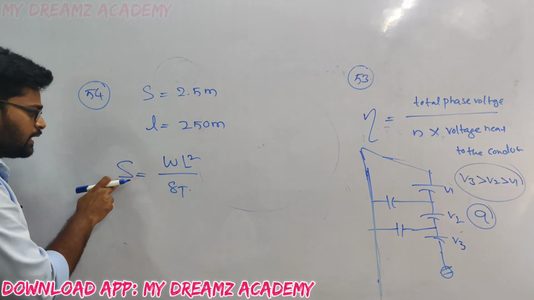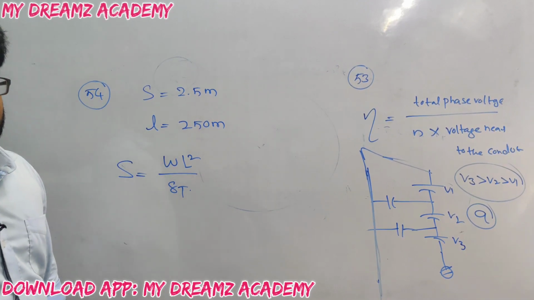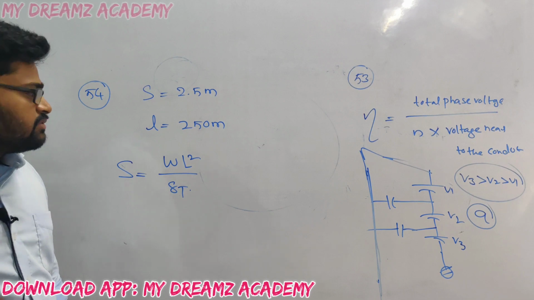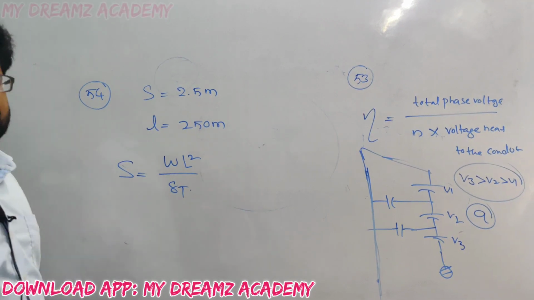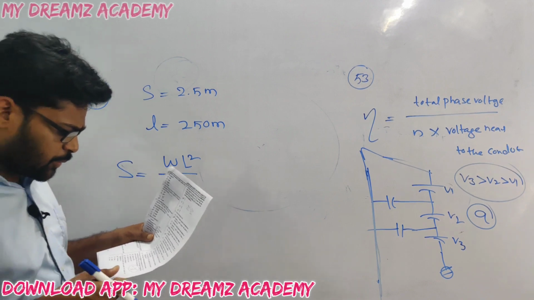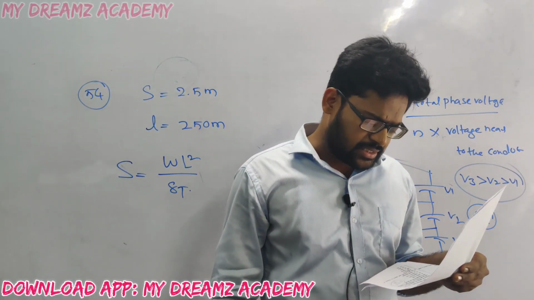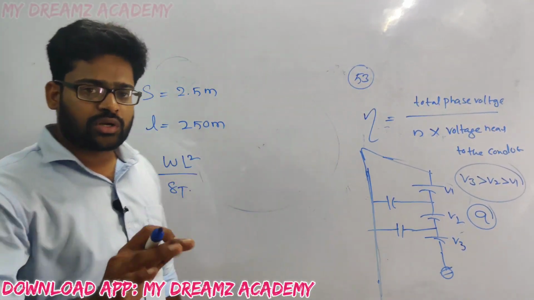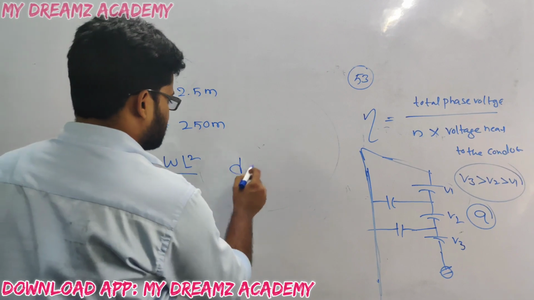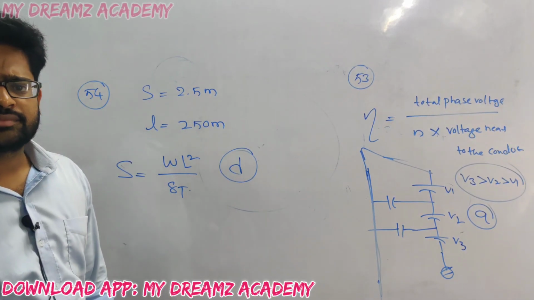Height and sag have no relation. So if the height of the tower increases, the sag does not depend on it. I'll read the options: reduced by 20%, increased by 25%, reduced by 12.5%, remains unchanged. So remains unchanged, option D is correct, because it does not depend upon the height of the tower.